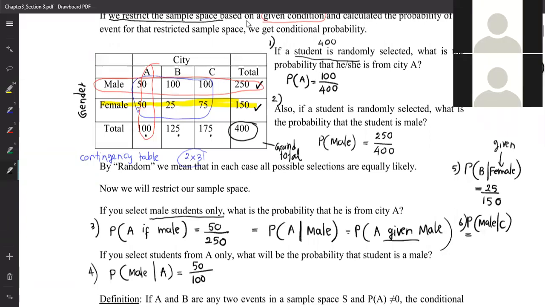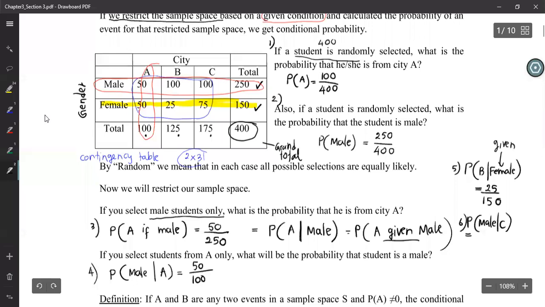Now the given information is C. Given is C, so your restricted sample space is C. Right, so that is 175. Out of them, how many males? 100. Yeah. So we got the answer. Thanks for those who gave me the answer. 100 out of 175. I guess now it is clear to all of you.